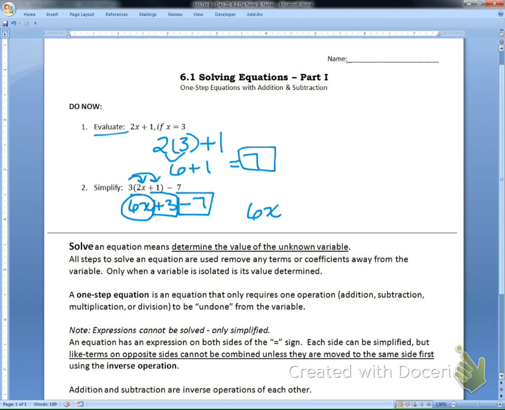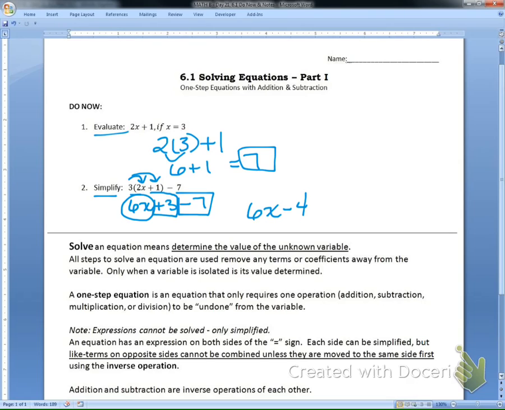I need to combine them. And remember, when you combine, that's when you use the rules of SOB. These are opposite signs, so we have to subtract. And because our negative number is bigger, when you combine it, you should get a negative 4. So our final answer when you simplify is usually more than one term and can still contain a variable in it.